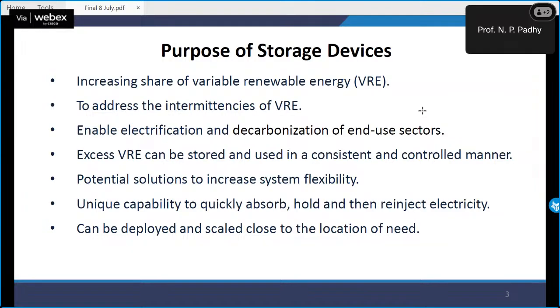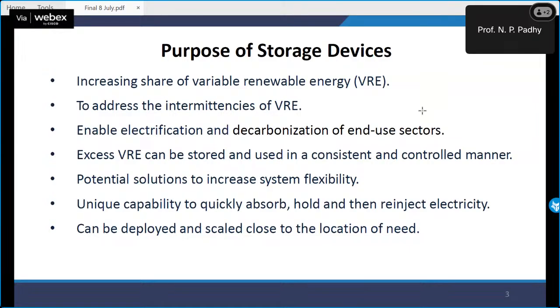Now, the moment we talk about the purpose of storage devices, as I already told you, once the majority of energy resources belong to variable renewable energy, in that case we need to store the energy to cater around the day at a constant magnitude. And as I told you, intermittency is certainly a criterion for any system to have a constant power supply or a flat generation system.